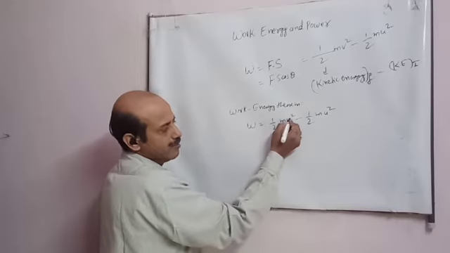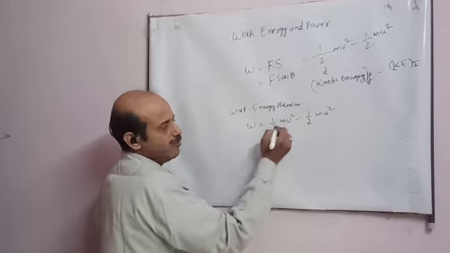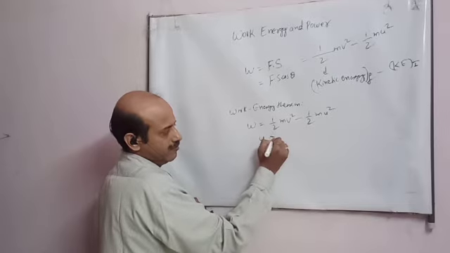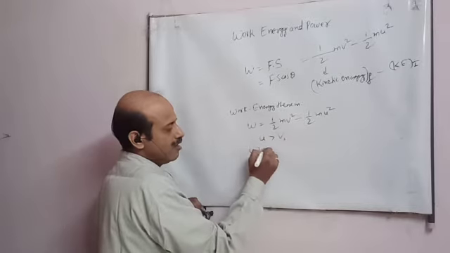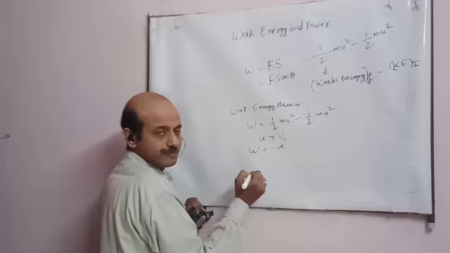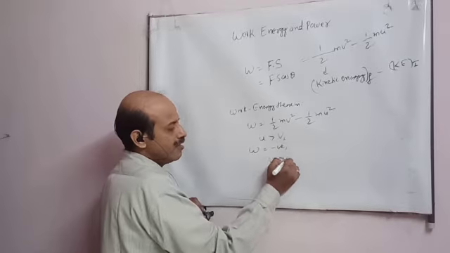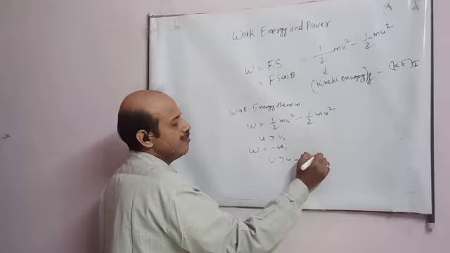If u is greater than v, then this work done comes out to be negative. And if v is greater than u, work done comes out to be positive.